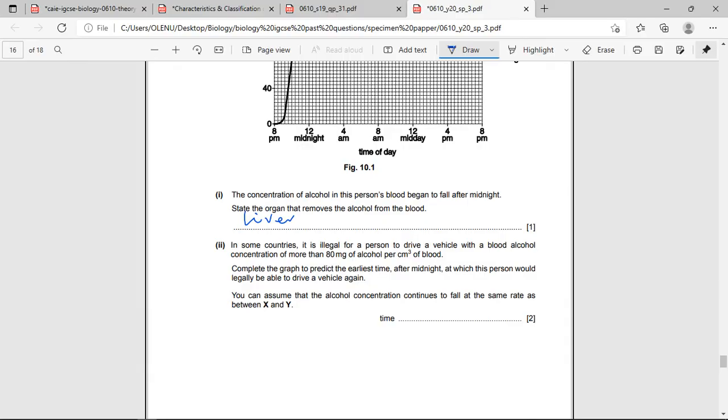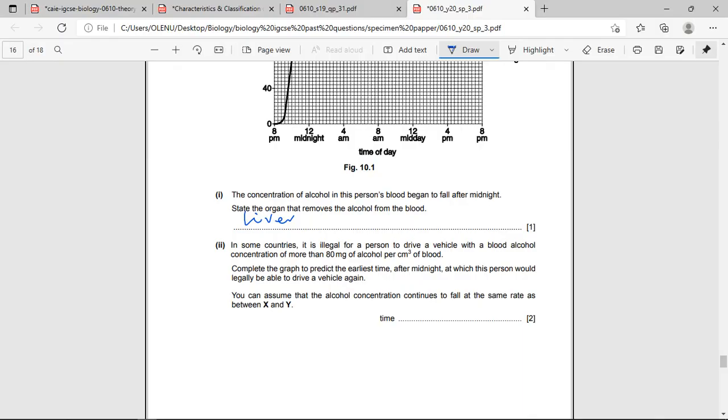The next question is, in some countries, it is illegal for a person to drive a vehicle with a blood alcohol concentration of more than 80 milligram of alcohol per cm cube of blood.